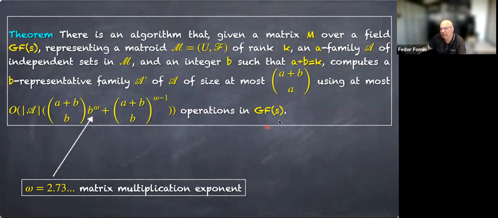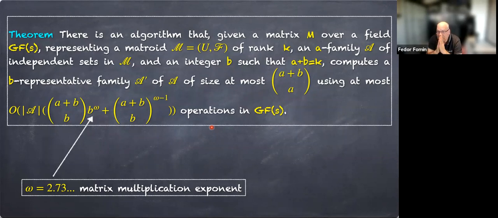And here, because I'm working in a finite field, I estimate the running time in the number of operations over the finite field, right? Because it's the number of multiplications and summations required to do the computation in this field. So if you speak about running time, then you also have to add the logarithm of s here.